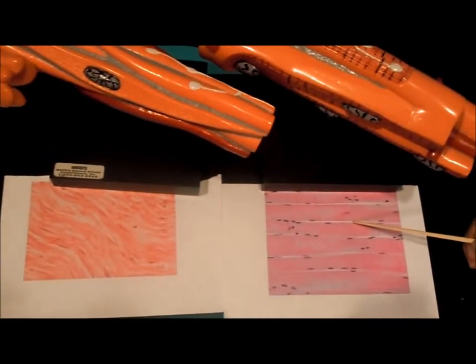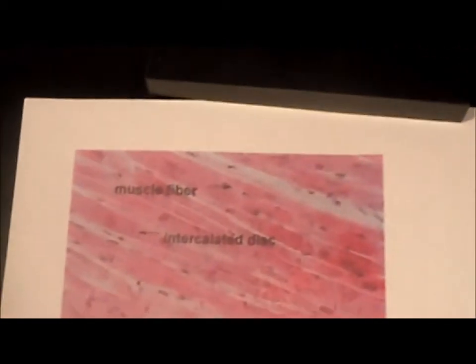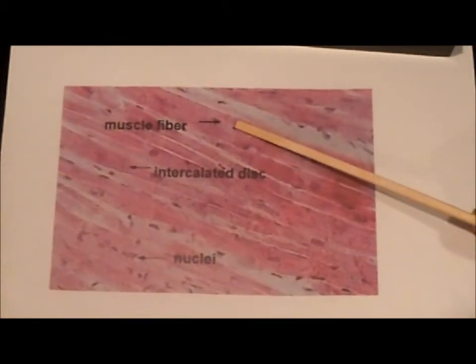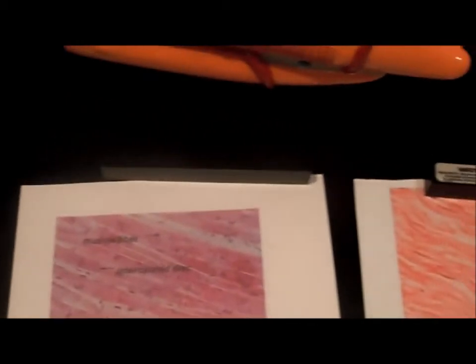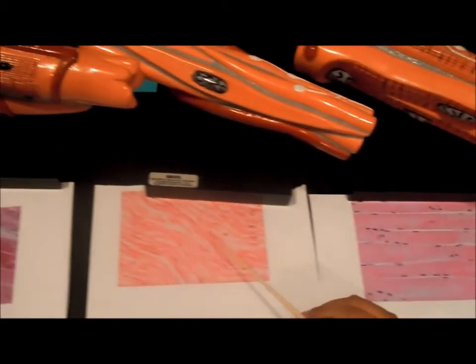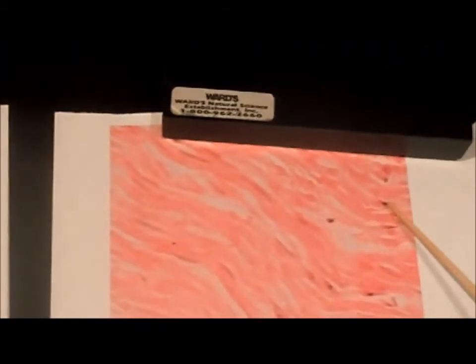Skeletal and cardiac muscle cells have multiple nuclei. Smooth muscle doesn't.